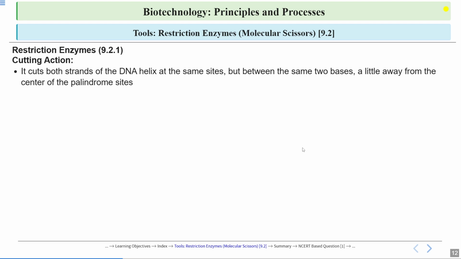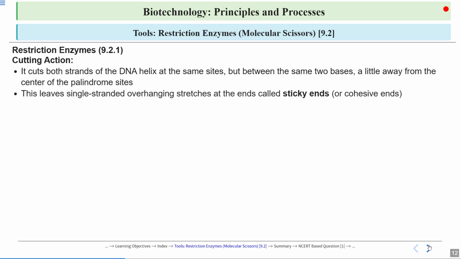So its cutting action is that it cuts both strands of the DNA helix at the same site, but between the same two bases, a little away from the center of the palindromic sequence, as we have seen in the example. When it cuts the DNA between G and A, it leaves single-stranded hanging stretches, and these stretches are called sticky ends.